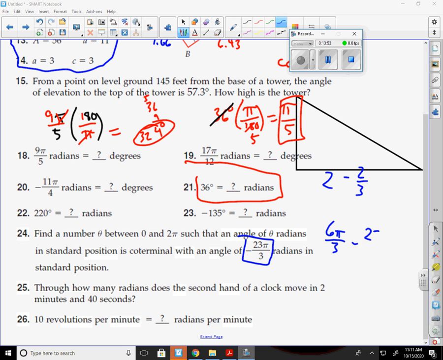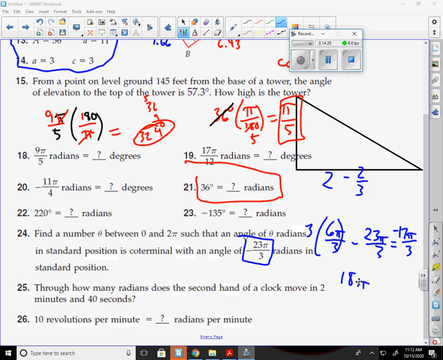If I subtract 23 pi over 3 from this, I'm still going to be left with negative 17 pi over 3, which is not between 0 and 2 pi. So I have to do this a couple more times. What I'm going to realize is I can multiply this by 3. That would give me 18 pi over 3. So basically I'm going around the circle 3 times.